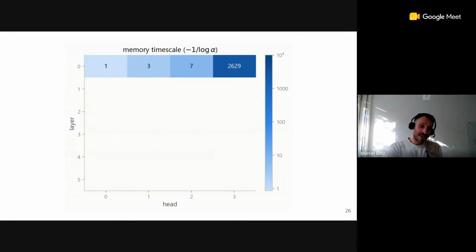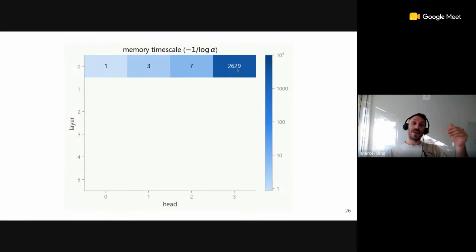And one detail that I left out earlier: each layer of these models, like in a transformer model, has individual heads as well. We first look at whether there is specialization in these individual heads for how many steps they remember things. And we found that indeed to be the case. For example, in layer 0, some heads really remember only one token, whereas other heads remember quite a lot of tokens on average, up to over 2,000 here.